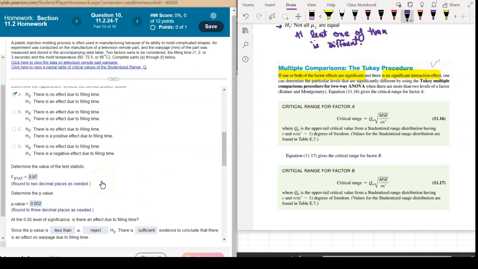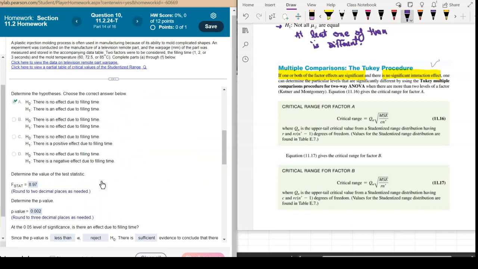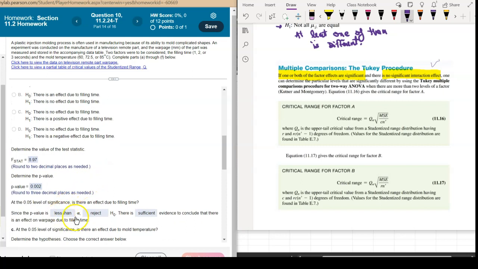And for the effect A, all right, for the effect A, we rejected H0. That means there is an effect due to certain of the factors. So in this case it is the filling time.